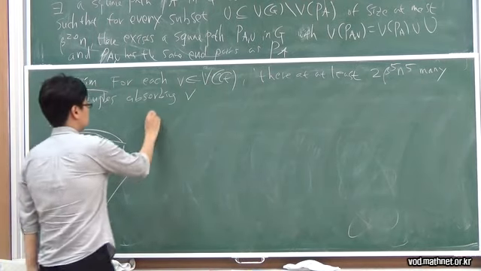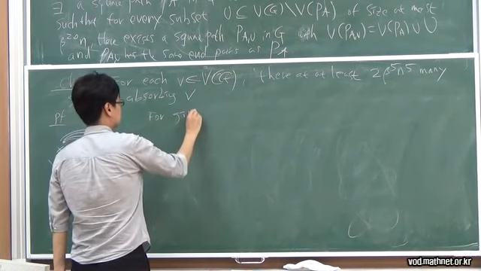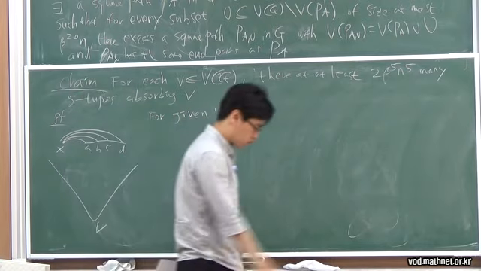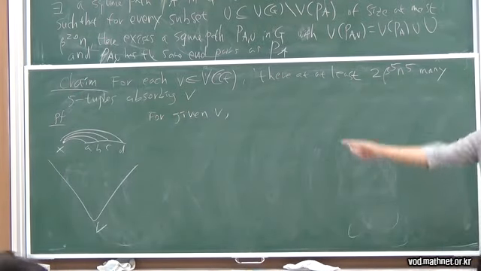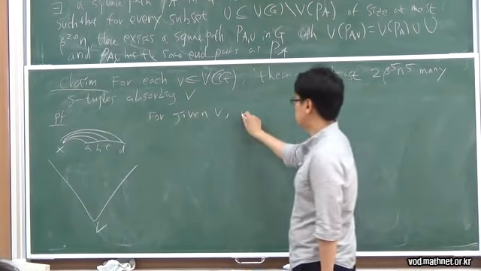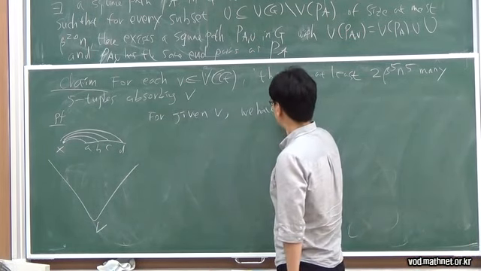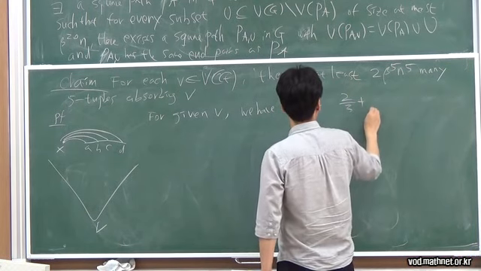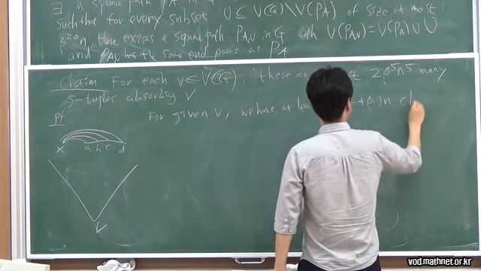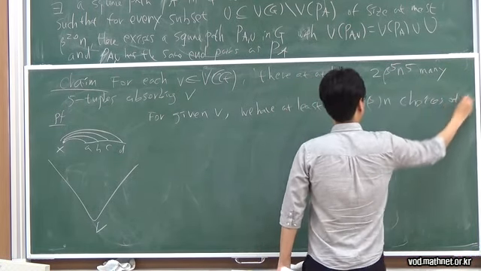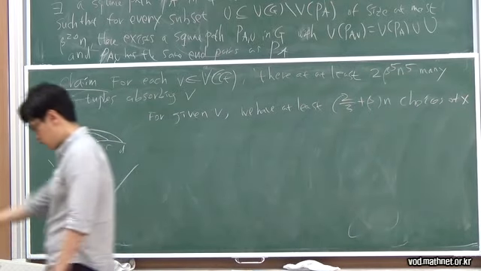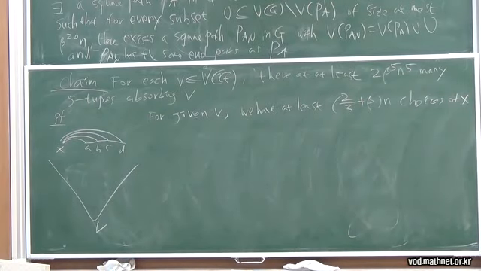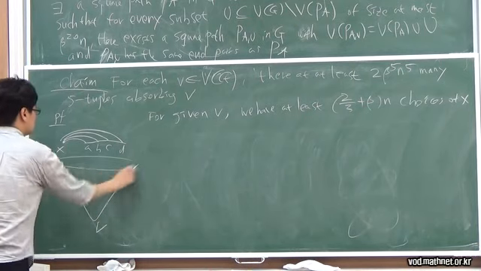So for given B, how many choices do we have for X? We have at least 2/3 plus beta n choices of X. We can choose X among its neighbors.